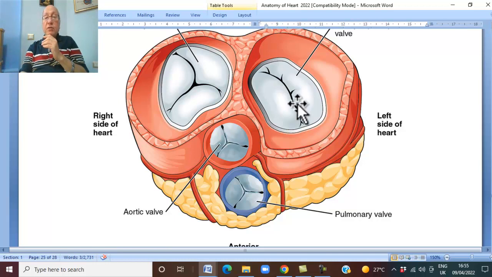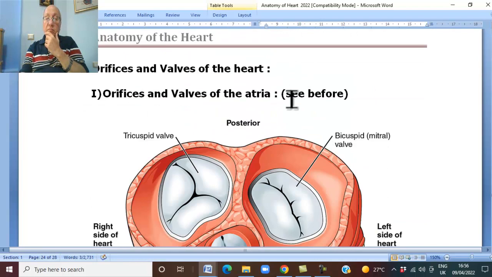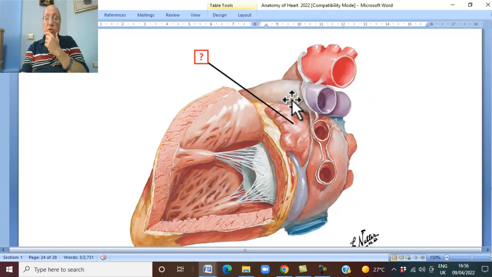The free border gives the attachment to the chordae tendineae from below. The free border or free margin of each cusp receives chordae tendineae from both papillary muscles in the left ventricle, for both the anterior cusp and posterior cusp.